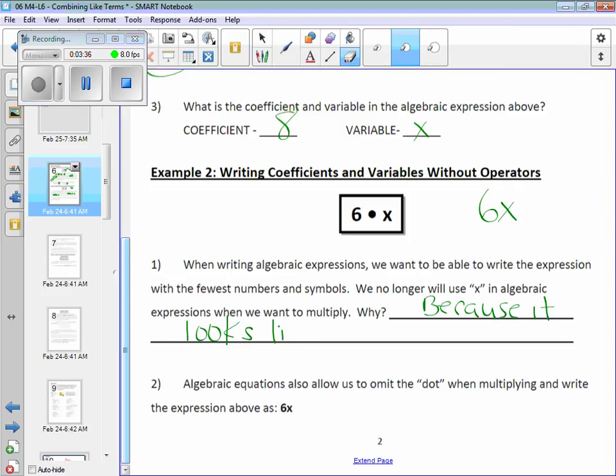I have to give it to you, and if I'm going to ask you to evaluate it, I have to give you a value for that variable. Okay, fill that in.